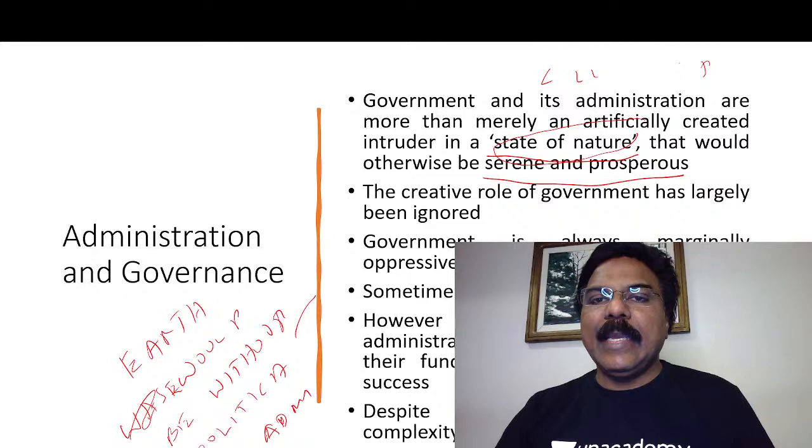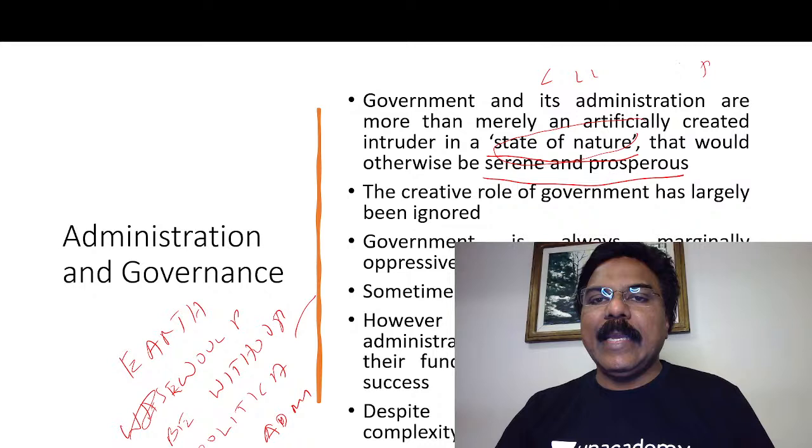If you take the progress of civilization, thanks to government, we are all there. Otherwise, when we started as an amoeba, as a cell, today we are 7 billion people on earth. It is only because of the regulations by government. So despite the increase in scale and complexity of the activities, the administrative apparatus performs its functions with at least moderate success.